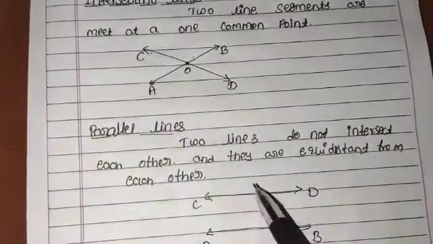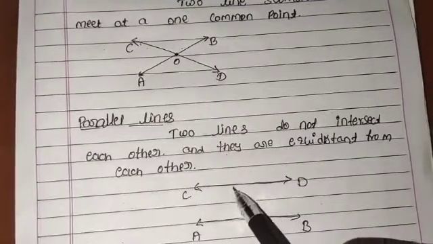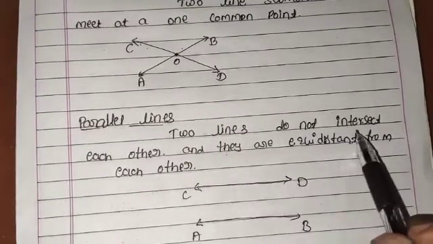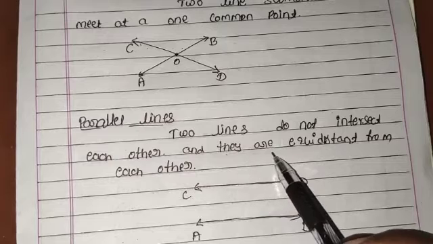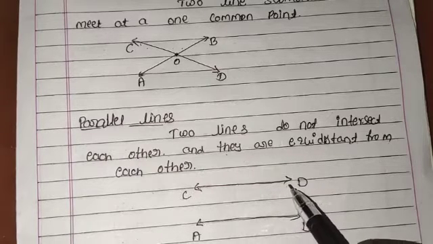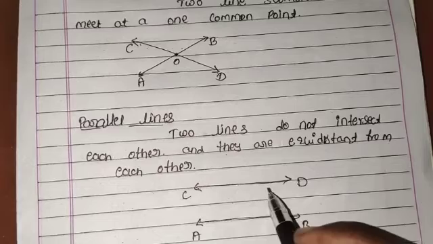Next we move on to parallel lines. What do you mean by parallel lines? If two lines do not intersect each other and are equidistant from each other, they are called parallel lines.